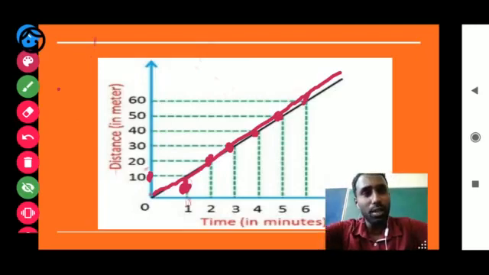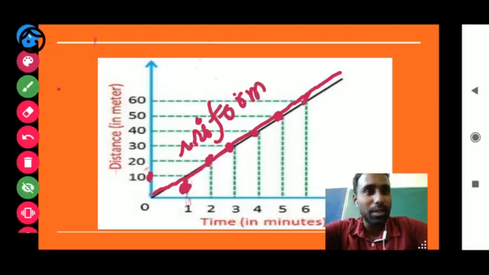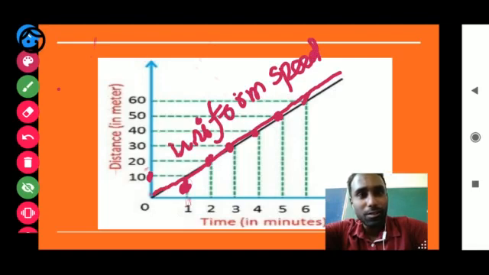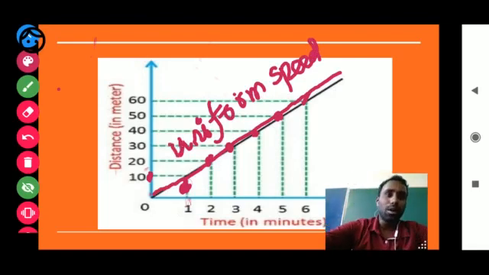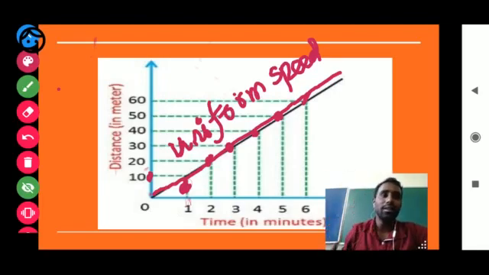So the body is going at uniform speed. Can you understand? Yes, the body goes at uniform speed because it covers equal distance in equal intervals of time. If you take the ratio, everything will be the same. So uniformly it will be going, straight and linear. Correct, right?